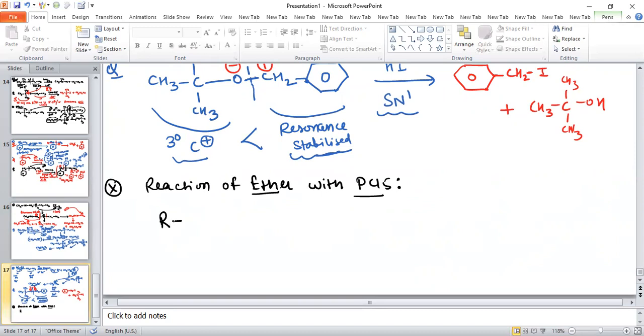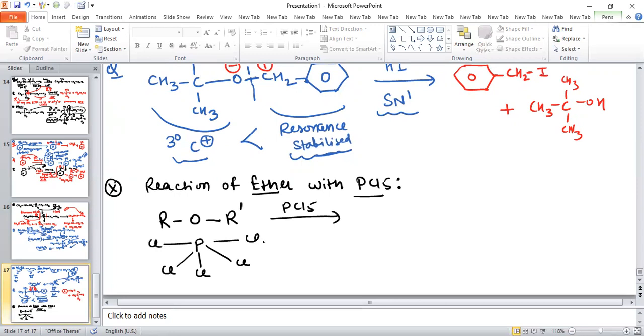If ether is given like this, ROR dash, and we use PCl5. You can write PCl5 in this way also: this is also a PCl bond, and this is also a PCl bond, and this is also Cl, and this is also Cl.